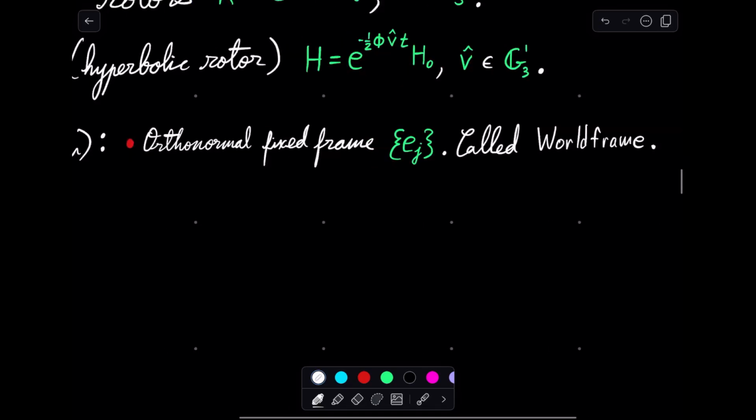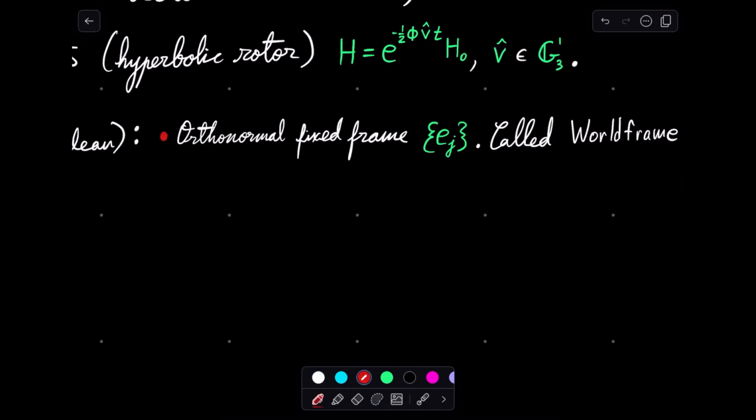Similarly, the rotating frame has an orthonormal frame, but it's not fixed with respect to the world.